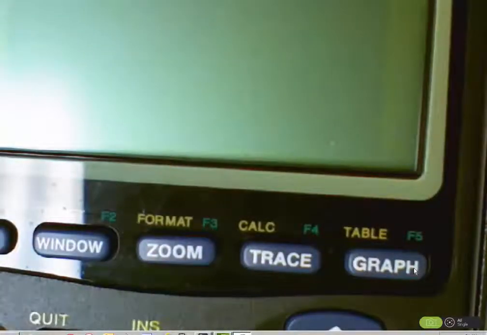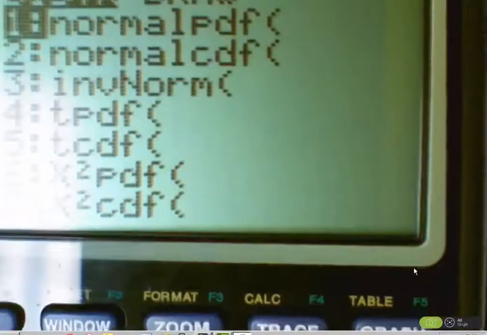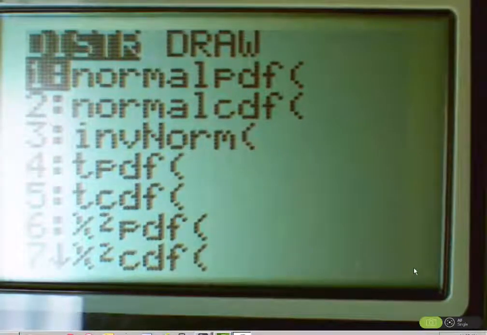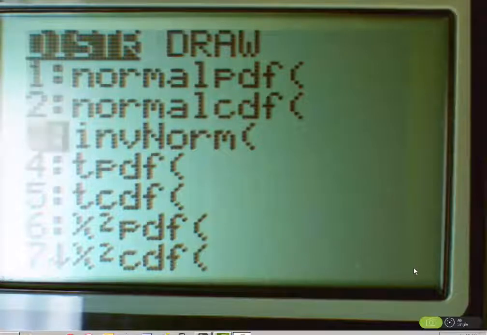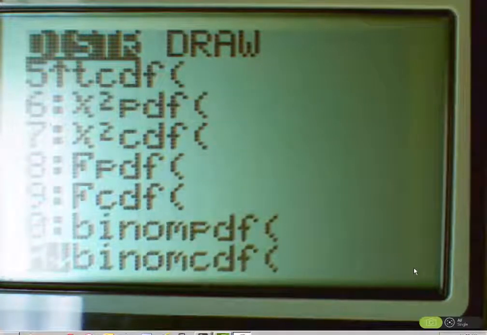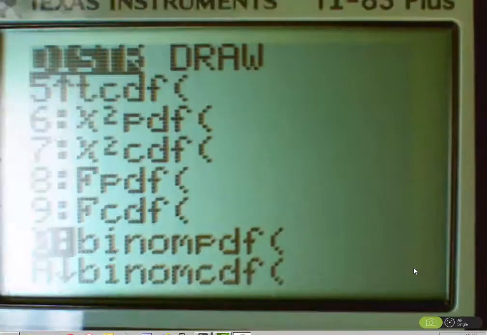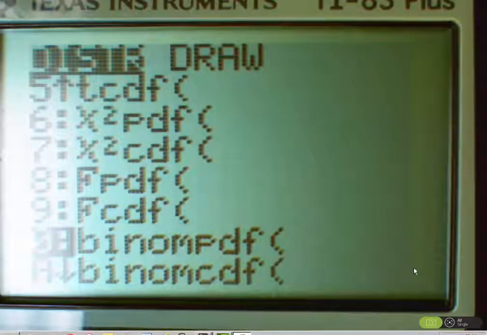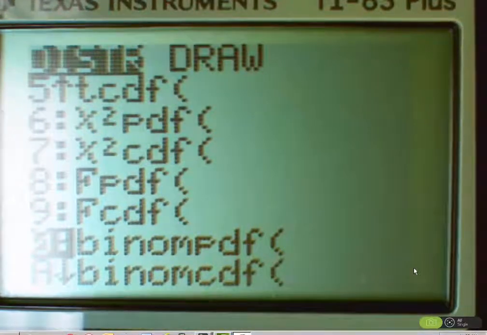Second and VARS. And then I want to scroll down until I see binomial PDF. Right there it was. On my calculator, it's 0, binomial PDF. Now there's also binomial CDF, and we'll talk about it in a minute, but right now we want binomial PDF. So I'm going to choose that.